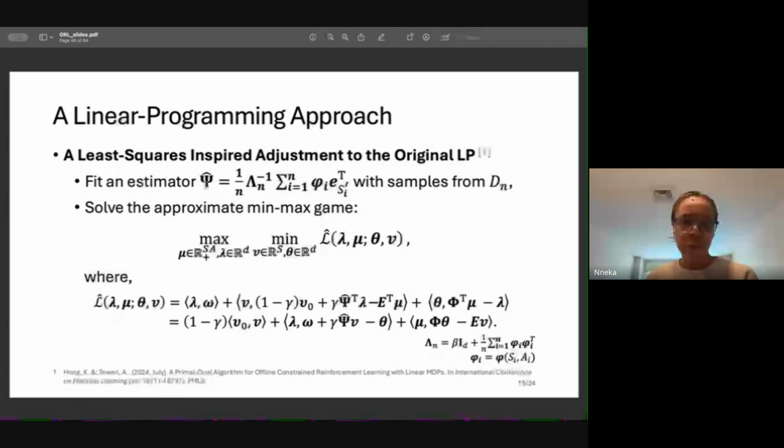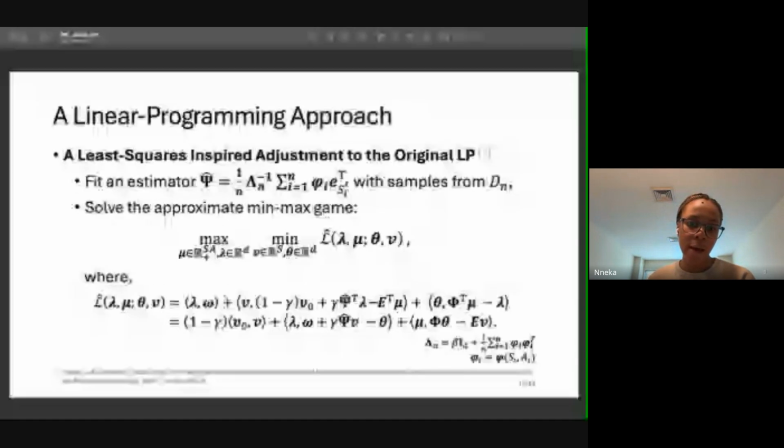This is just a regularized least squares estimator of the true transition model weight psi. And they instead propose to solve this approximate version of the original min-max game, where now the objective is defined with respect to the estimator psi hat and not psi.